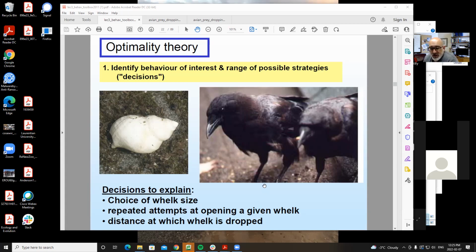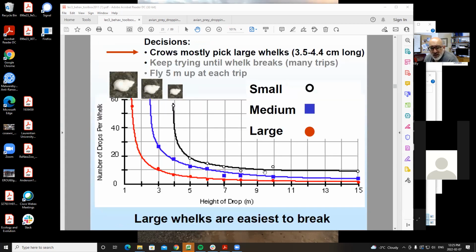And so we can think about the trade-offs in terms of this behavior, in terms of calories, for example: how much energy is being used to crack open the whelk, and how much energy is gained by feeding on the whelk. So here are some curves. This is the number of times that a whelk has to be dropped.